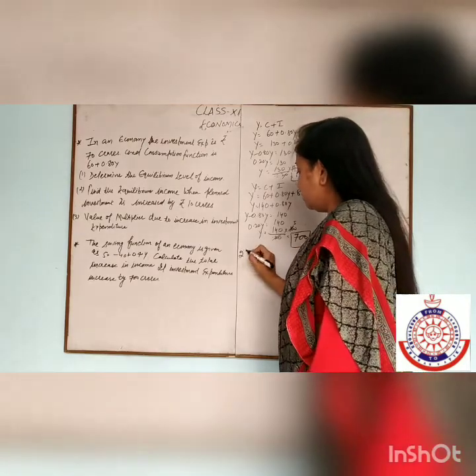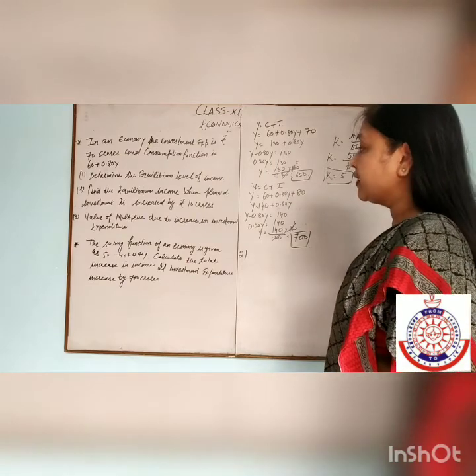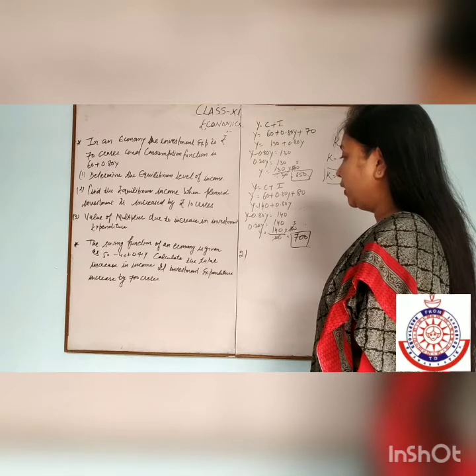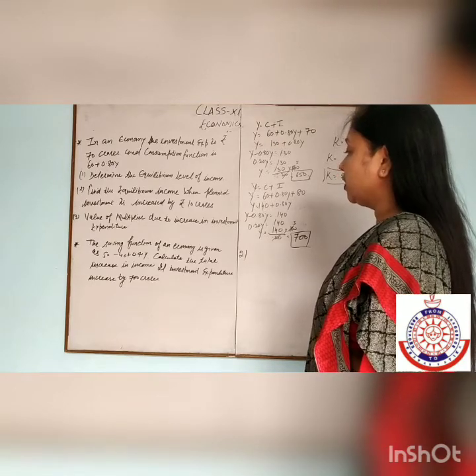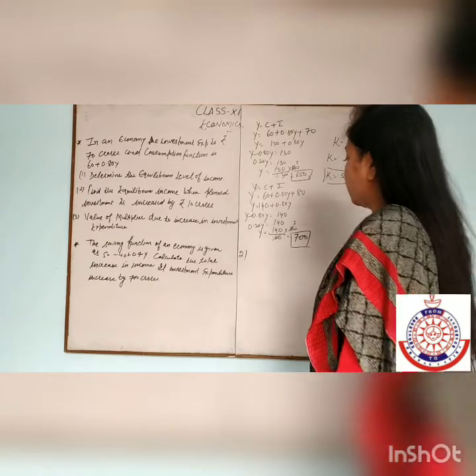In a second question, if saving function of an economy is given S is equal to minus 40 plus 0.4y, calculate the total increase in income if investment expenditure is increased by 700.